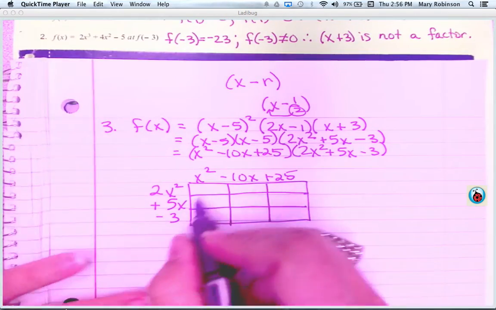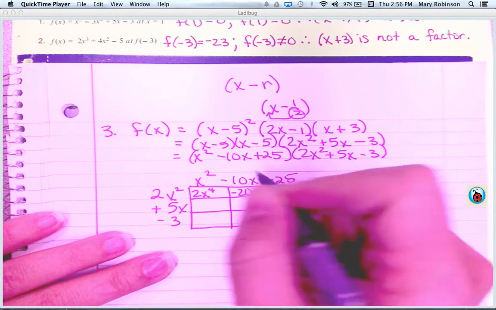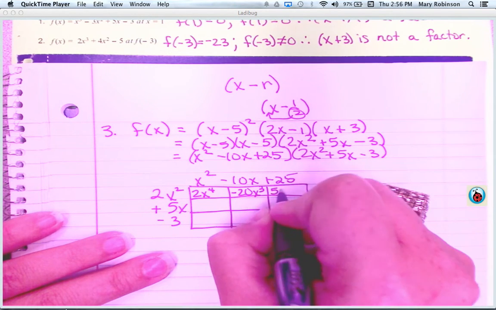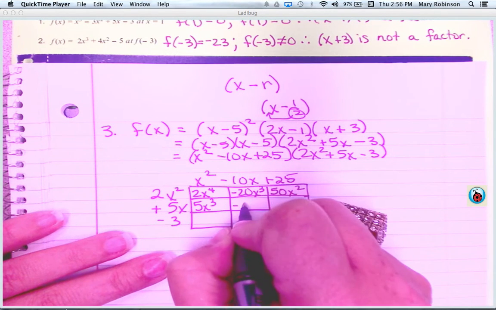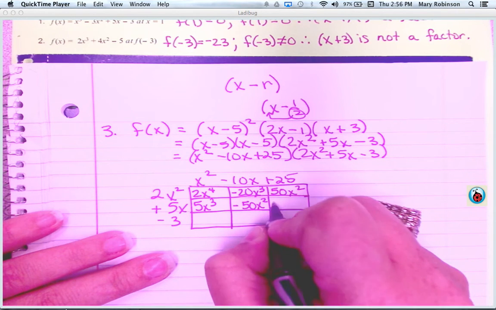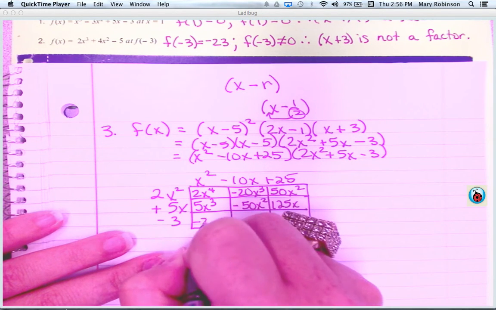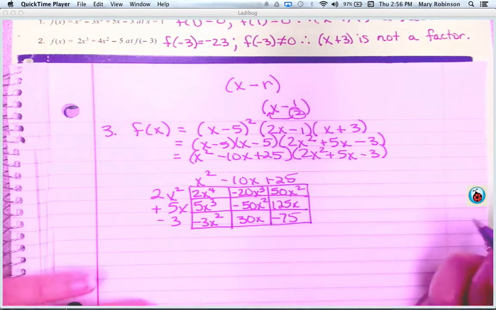All right, so 2x squared times 2x squared is 2x to the 4th. Let's see, minus 20x cubed, 50x squared, 5x cubed, minus 50x squared, 125x, minus 3x squared, positive 30x, minus 75.